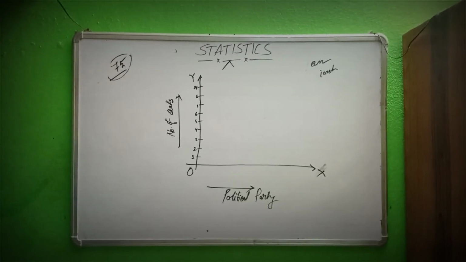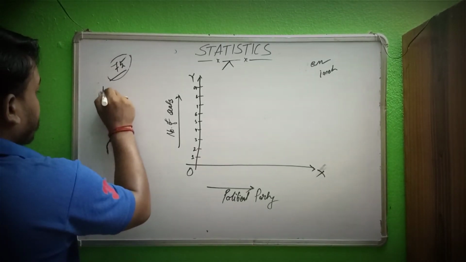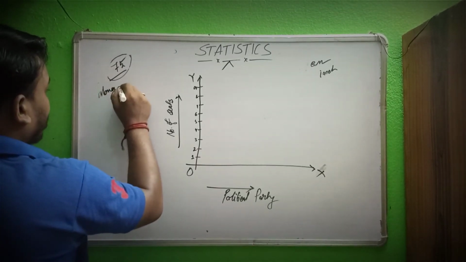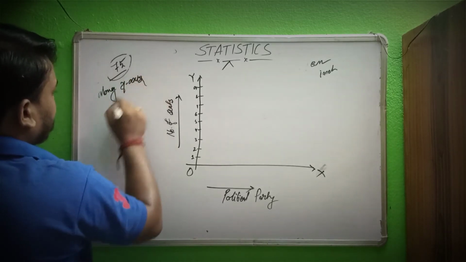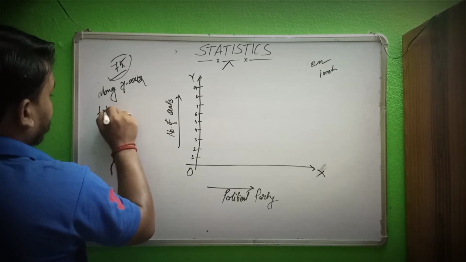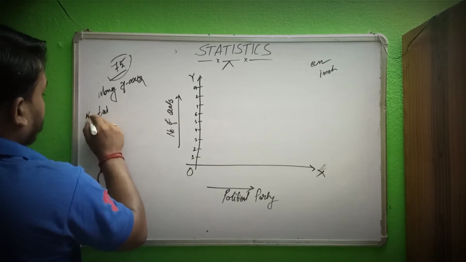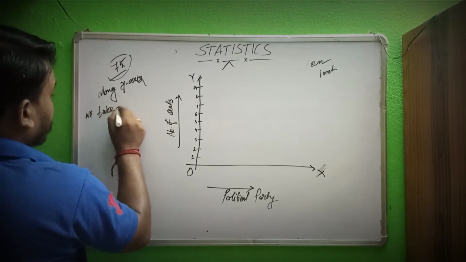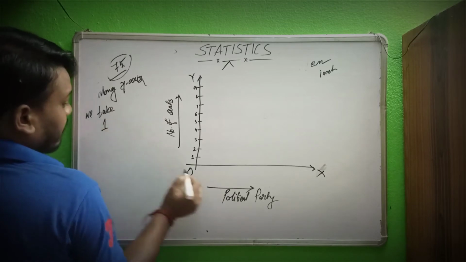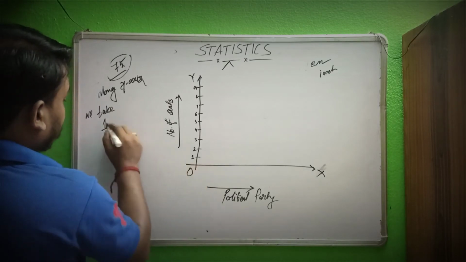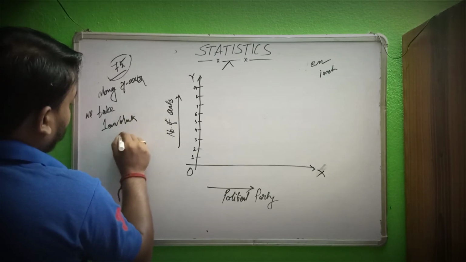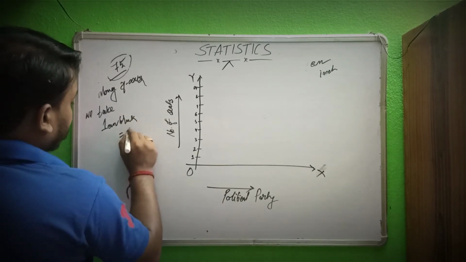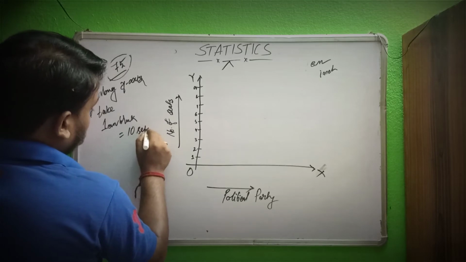The scale is, along the y-axis, we take 1 centimeter block equal to 10 seats.